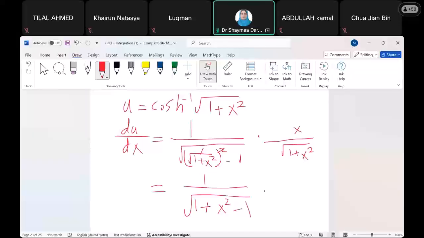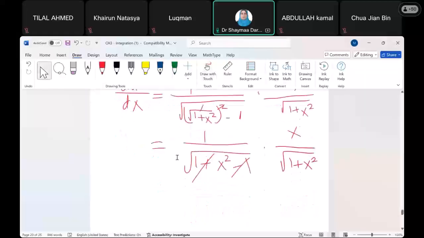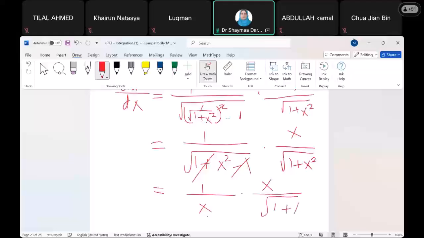So here minus 1, multiplied by x over 1 plus x squared. So 1 with 1 is cancelled.